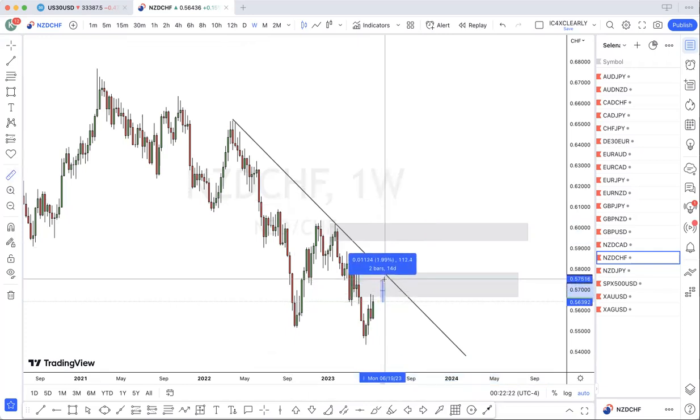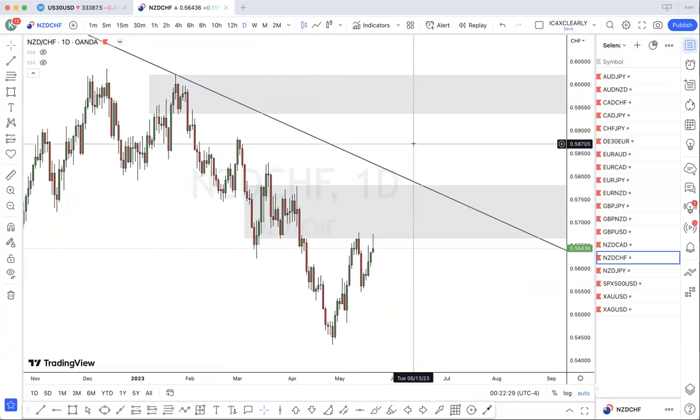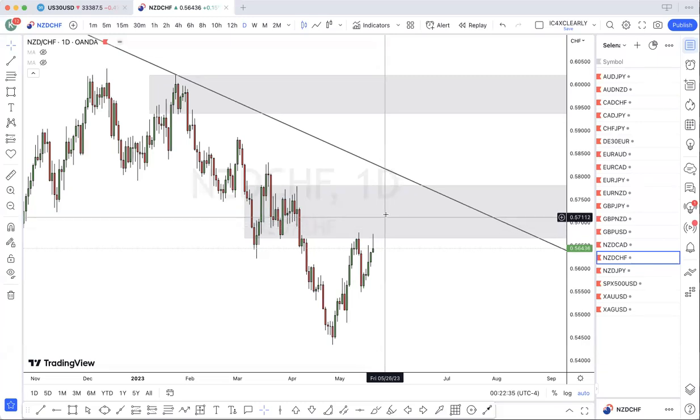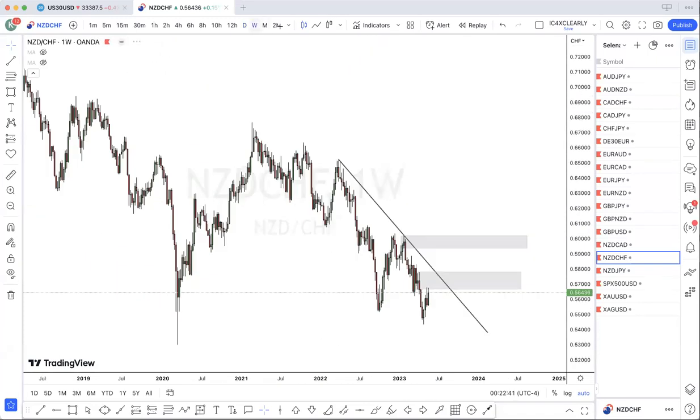So maybe like 90, 100 pips at least you might get. Let's go down to the daily. Yep. So you may just get a push up into here.